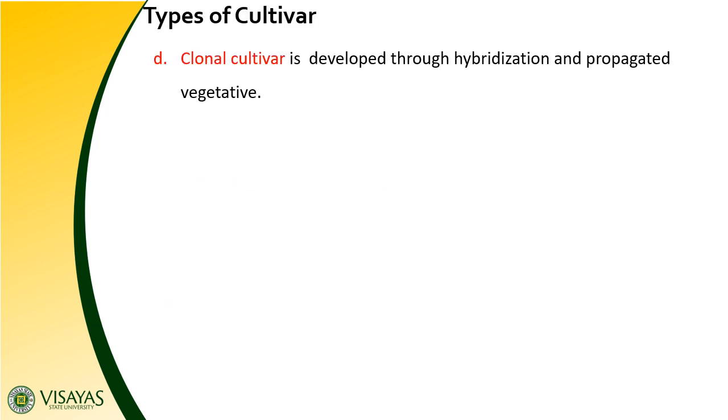Next, you have clonal cultivars. These are developed through hybridization and can be propagated vegetatively. So clonal cultivars are developed through hybridization, and you can reproduce them through vegetative cuttings or vegetative propagation.